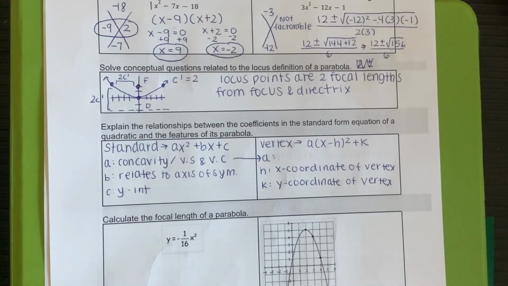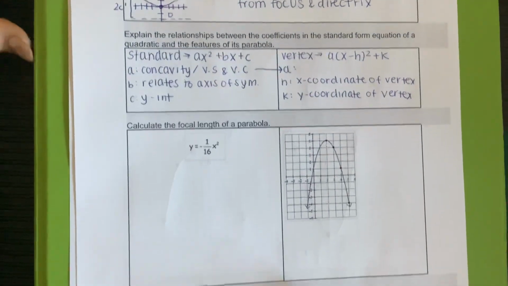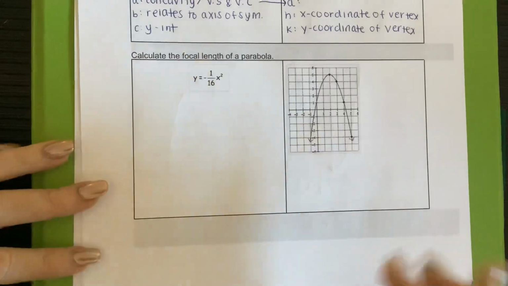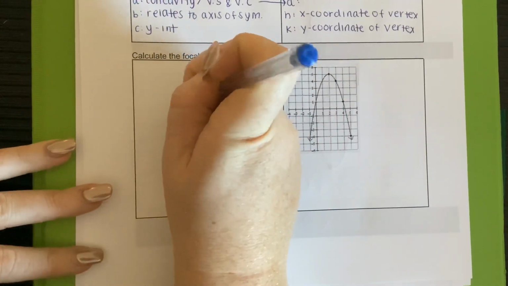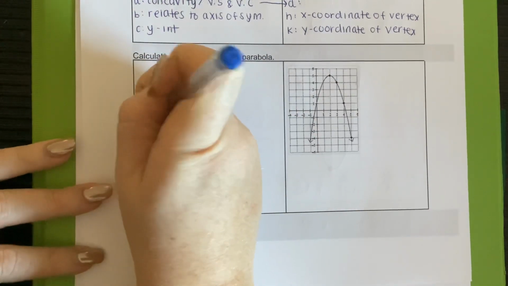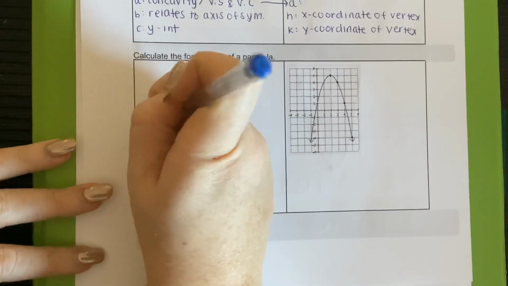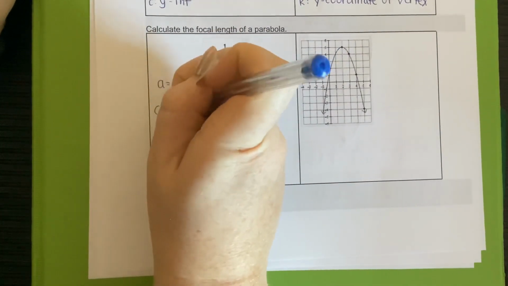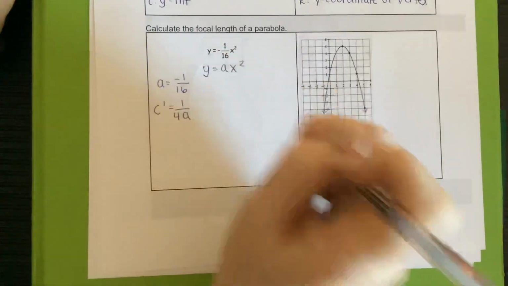Okay, next thing, calculate the focal length of a parabola. We've now done this a few times through this review. They've asked about the focus quite a few times, so I really do think there's going to be a certain amount of emphasis on that, so make sure you guys know how to do it. This equation is written as y is equal to ax squared, so your a value is equal to negative 1/16. If you have your a value and you're looking for your focal length, C prime is equal to 1 over 4a.